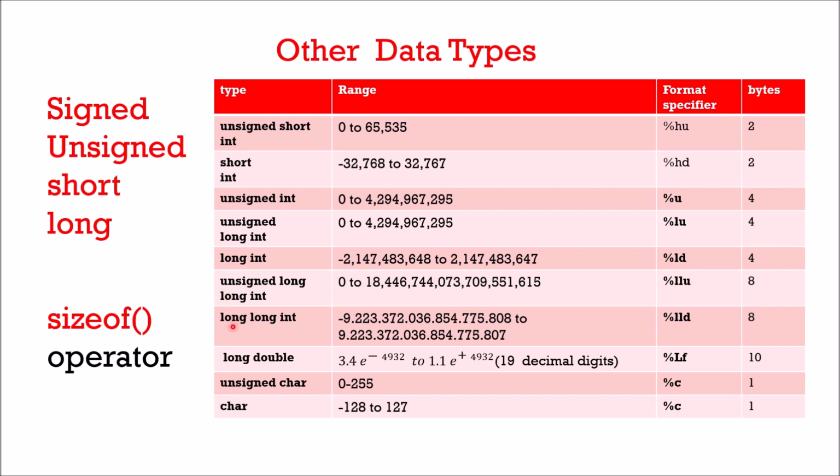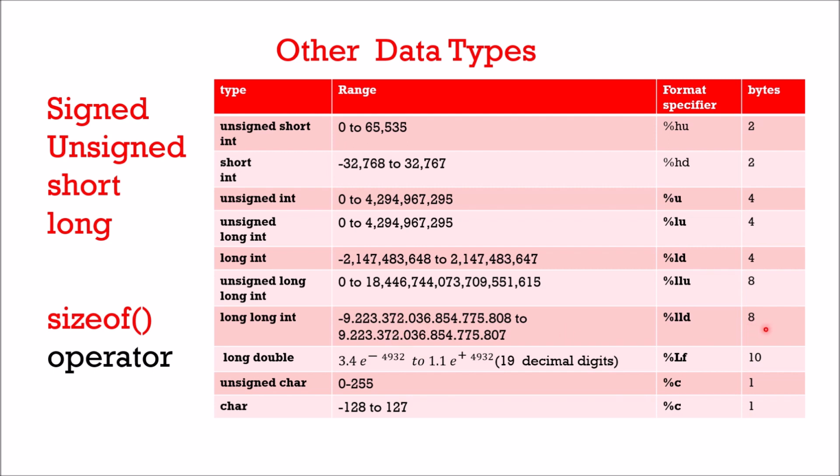The next one is this long int. Since it doesn't say unsigned in any part, it is signed. So as you can see, it takes half of this value to be negative and the other half to be the positive range. And it is long, and D. D stands for positive and negative values.